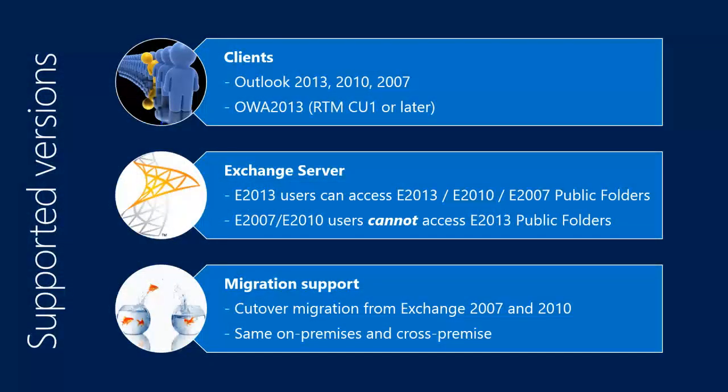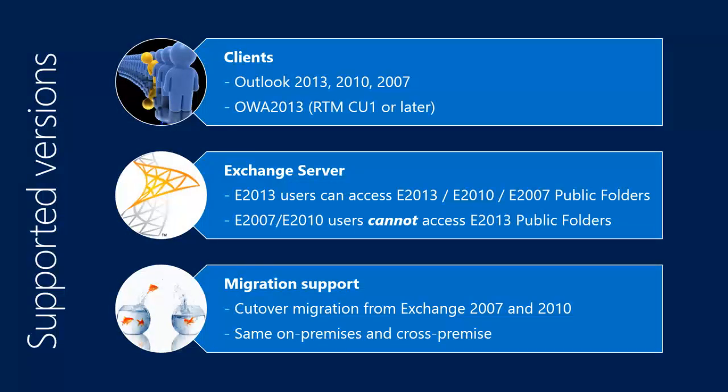Let's talk about the supported versions of Exchange for modern public folders. Basically, all current Outlook clients support modern public folders, including OWA, but OWA requires at least RTM CU1 or later, of course. And in the demo, I will show you how to see them in OWA.